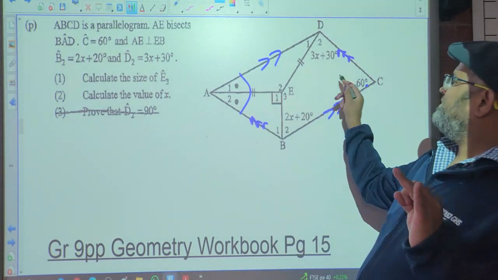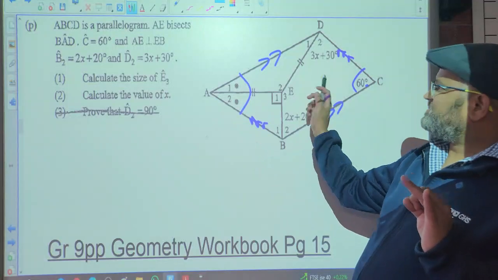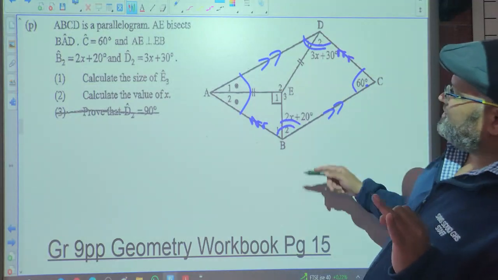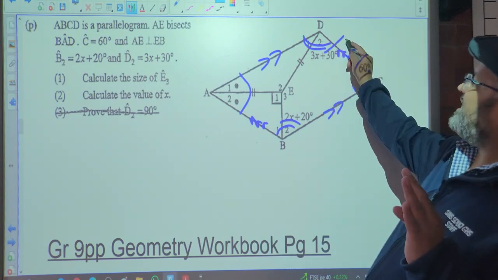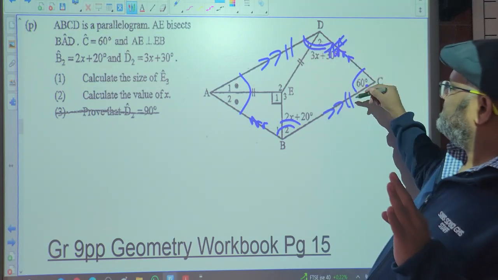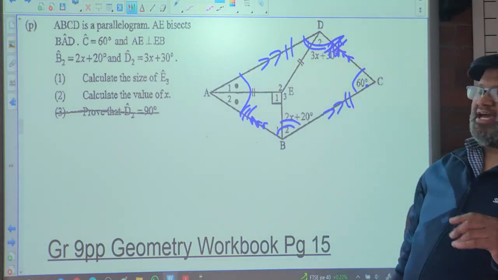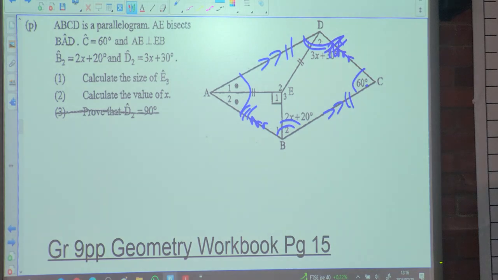Opposite angles are equal, so that is going to be 30 and 30, and that's going to be 60. Opposite sides are equal. And last one, diagonals bisect each other, which won't be the case here because there are no diagonals.